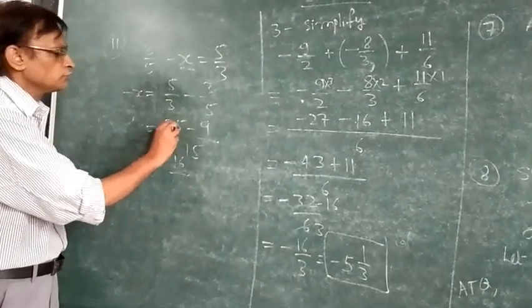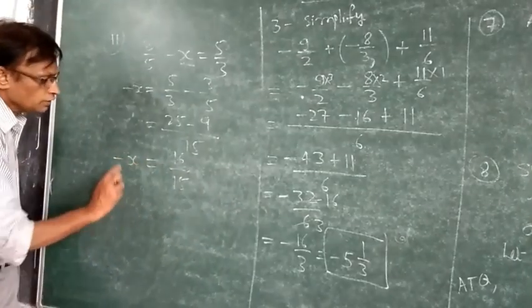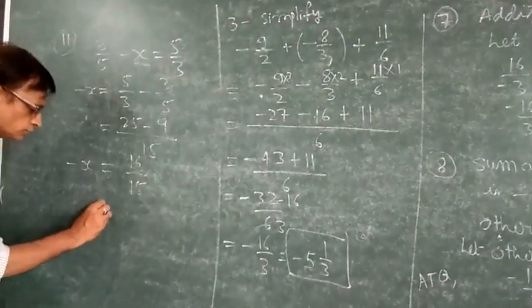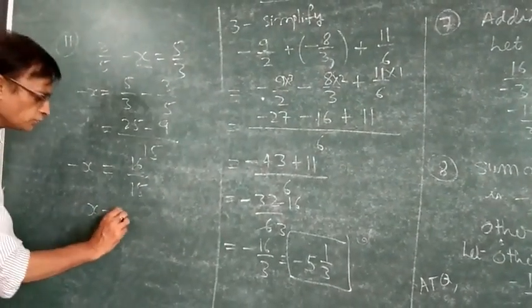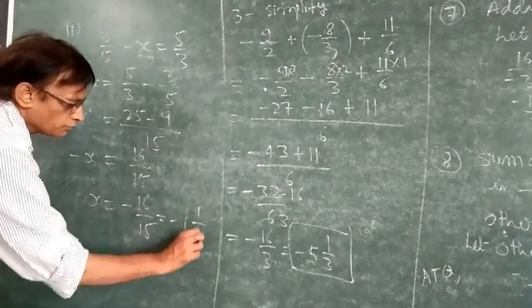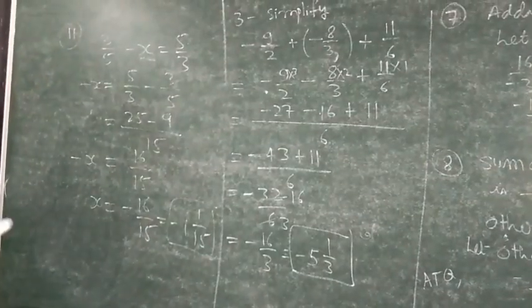Then on subtracting 25 minus 9, 16/15, it is minus x. Now we will bring this minus sign to the right hand side. So we have the value of x as minus 16 upon 15, or you can write minus 1 whole 1 upon 15. So this is the answer for question number 11.